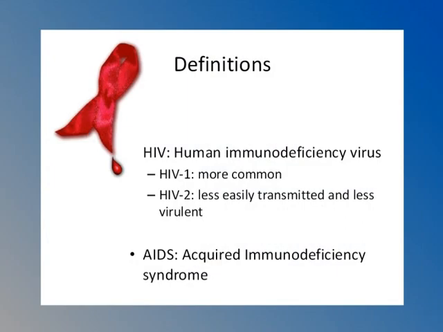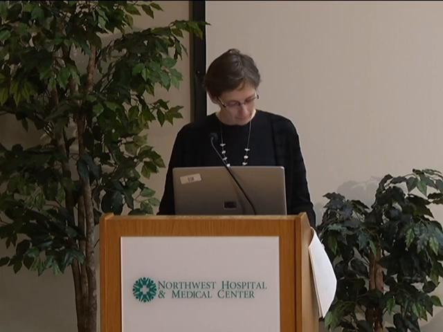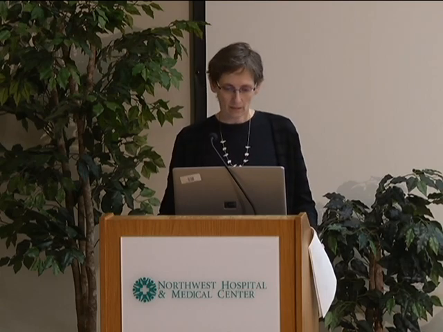So definitions. HIV is the human immunodeficiency virus, and there's two types, HIV-1 and HIV-2. You don't see a lot of HIV-2 here. It's from West Africa, Angola, and Mozambique.